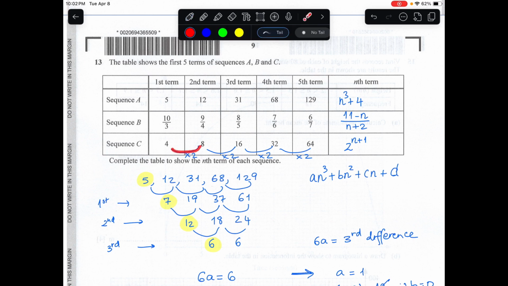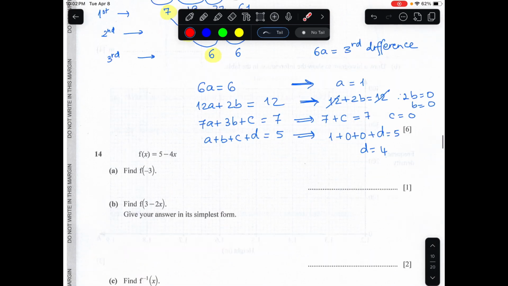I realize that that is 2 to the power because I can see that it's multiplied by 2 and starting with 4. So it's 4 times 2 to get the next term. So 4 times 2 could also be written as 2 to the power of 3, and so on. Yeah? So I thought of writing it as n plus 1, because if n is 0, I'm going to get 2, but if n is 1, I'm going to get 1 plus 1, which is 2, 2 squared, which is 4. I think it works for the rest.